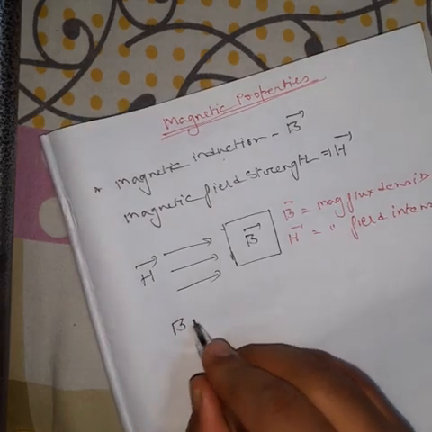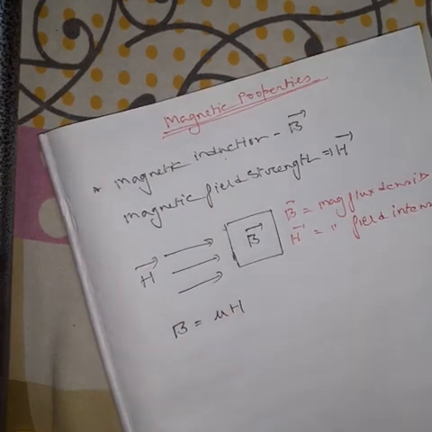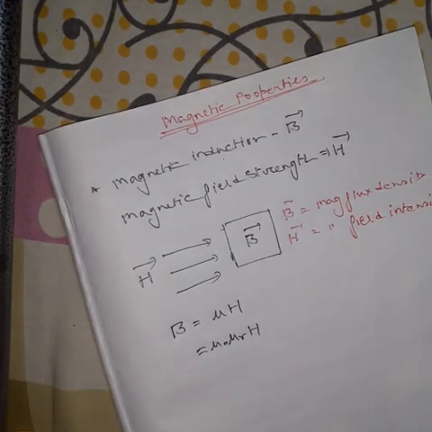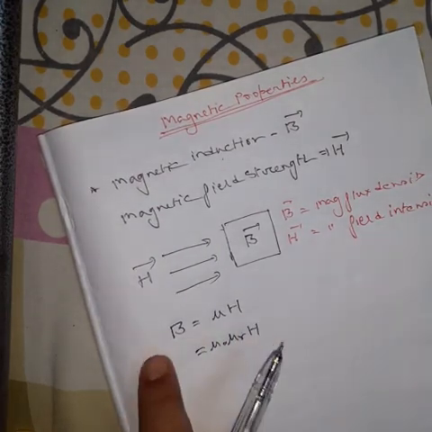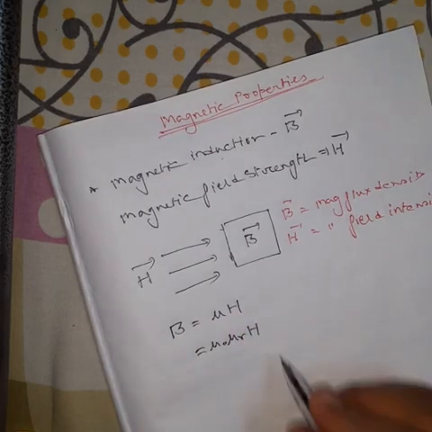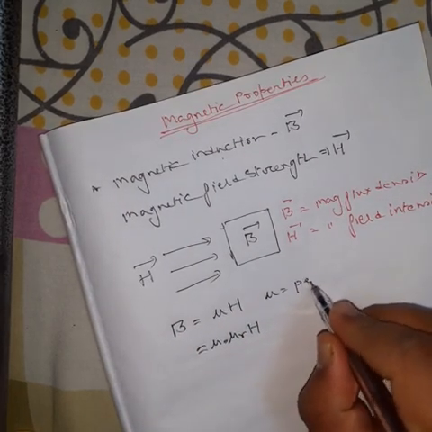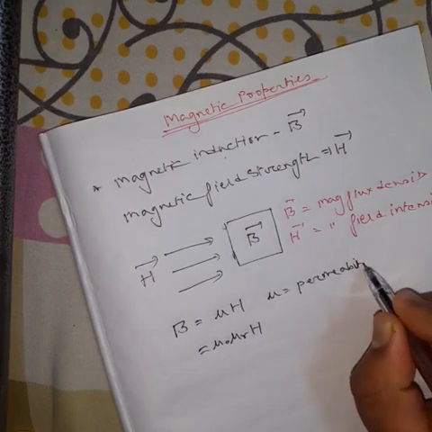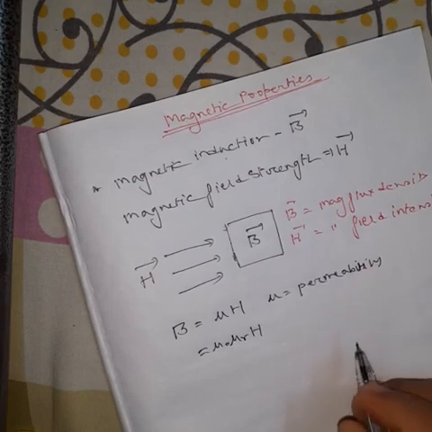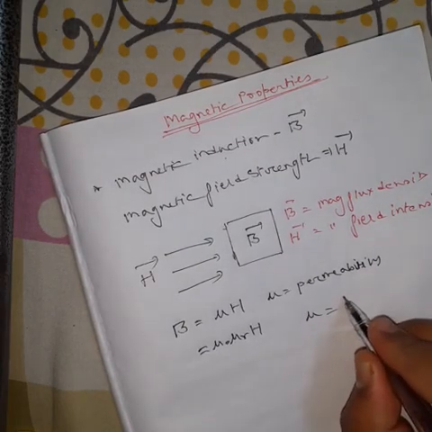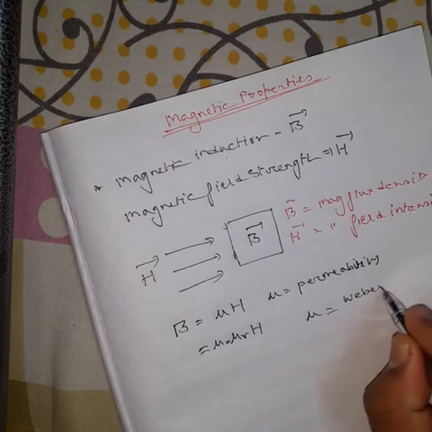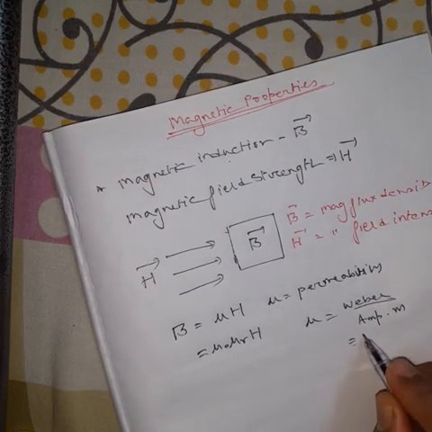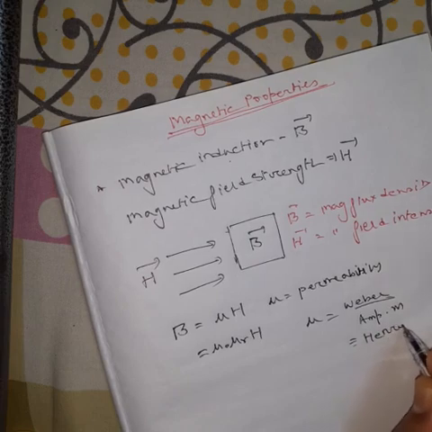Okay, the relation between B and H is B equal to mu into H, or mu 0 mu r into H. This is like D and E in the electric field, D equal to epsilon E, where mu is permeability. The unit of mu is Weber per ampere per meter, which is known as Henry per meter.